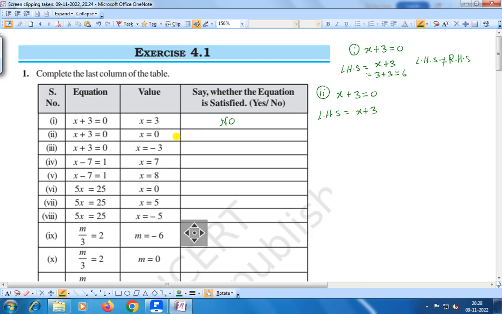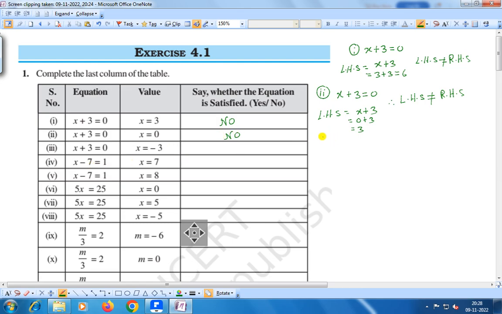If we put the value of x equal to 0, then we are getting 0 plus 3, that is equal to 3. Right hand side is 0. Therefore left hand side is not equal to right hand side. Therefore this equation doesn't satisfy, so the answer is no.